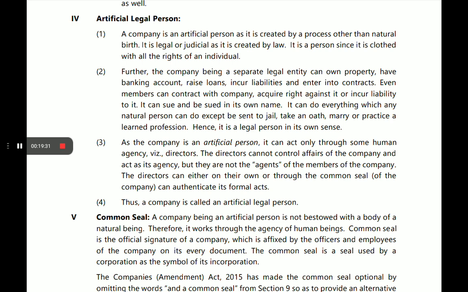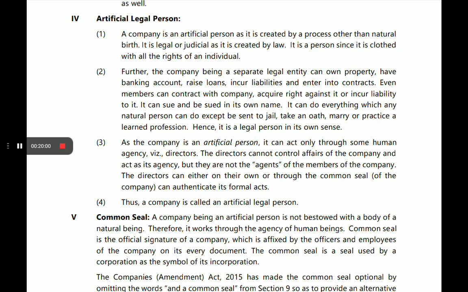As the company is an artificial person, it can act only through some human agency, the directors. The directors can control affairs of the company and act as its agents, but they are not the agents of the members of the company.